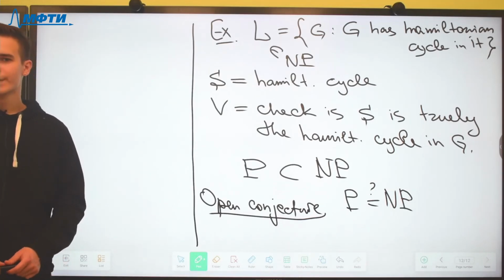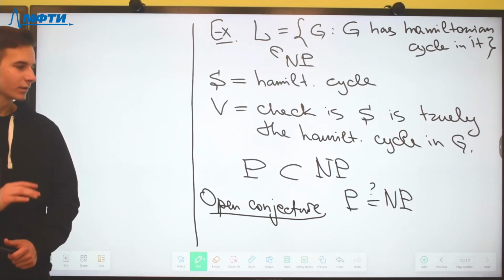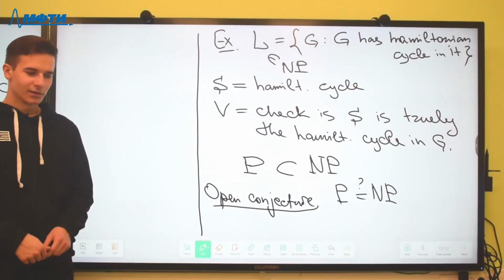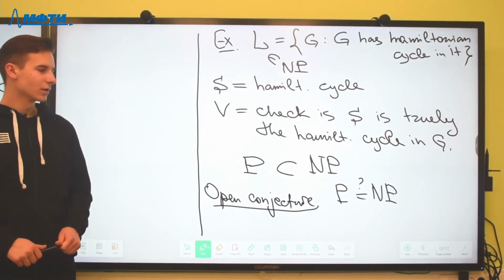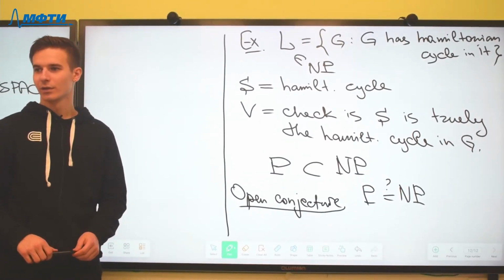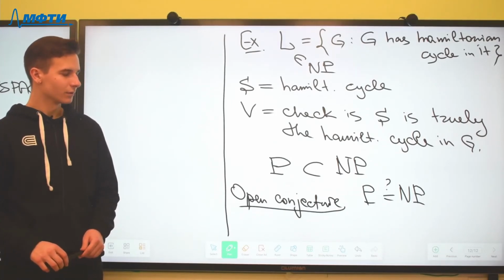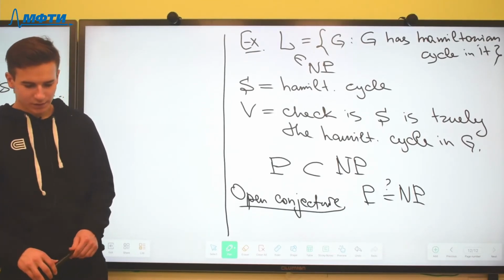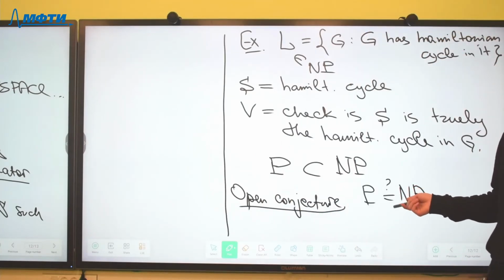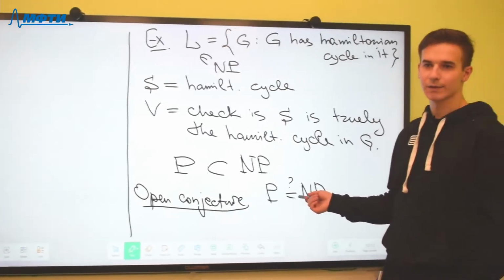And of course, there are a lot of articles every year that try to solve it, and then after some time scientists find contradictions in them, so no one has a valid article about the equality or inequality of these two classes.